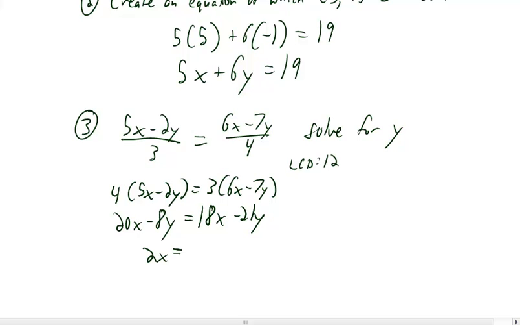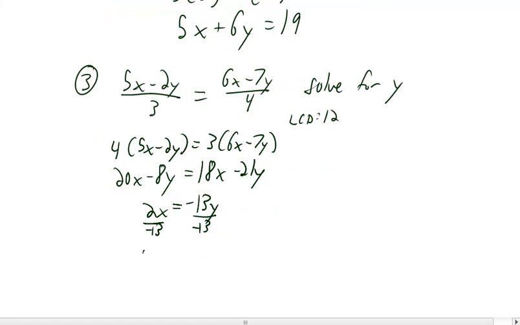You get 2x is equal to, we add 8y to both sides, we get -13y. Divide both sides by -13 because it's y that we're trying to isolate, and you get 2x over -13 is equal to y. So you've done it, you've isolated the y.